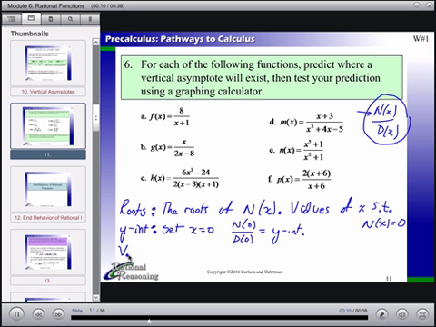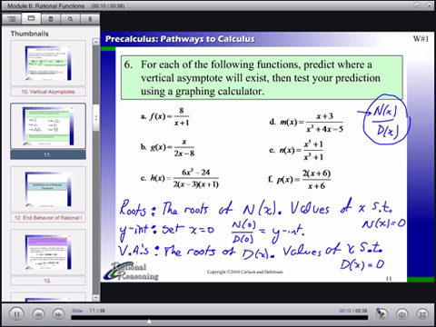Vertical asymptotes. This is the roots of the denominator: values of x that make the denominator 0.